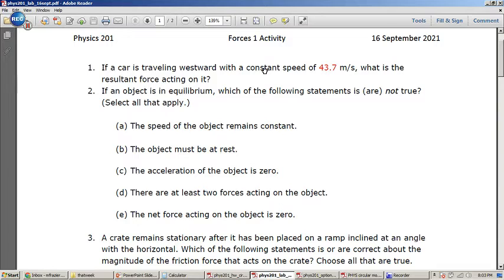Number 1, if you're told there's a constant speed, do you know something about the acceleration? And then if you know that about the acceleration, what do you know about the net force on an object? All right, so remember, let's go over Newton's 3 laws. Let me pause for a second.